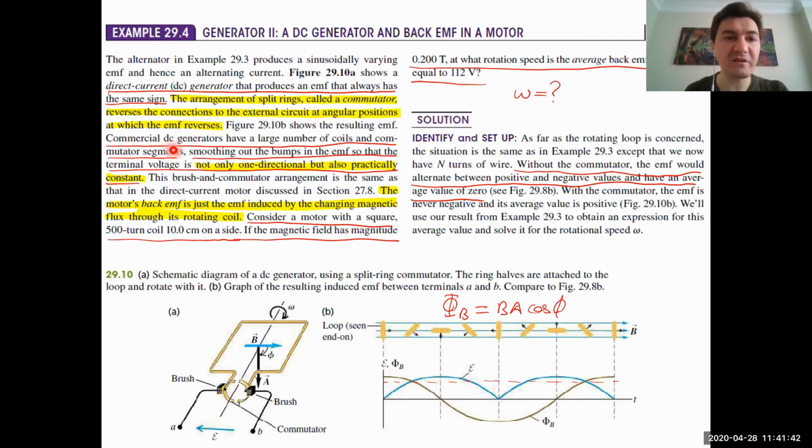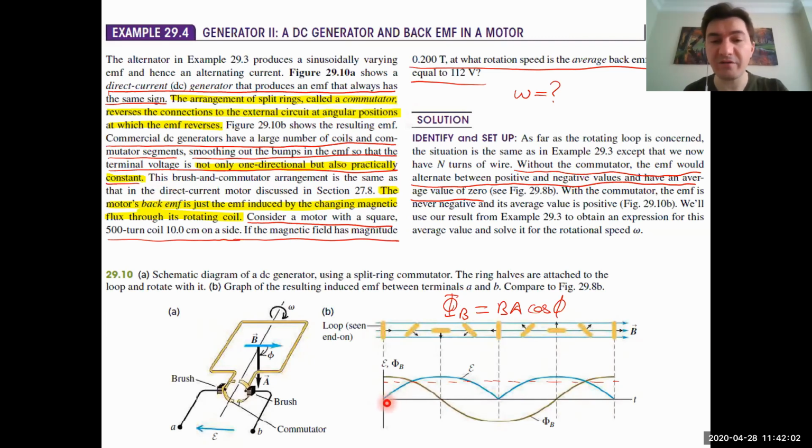So commercial DC generators have a larger number of coils and commutator segments. In addition to that, smoothing out the bumps in the EMF so that the terminal voltage is not only one directional, but also practically constant.